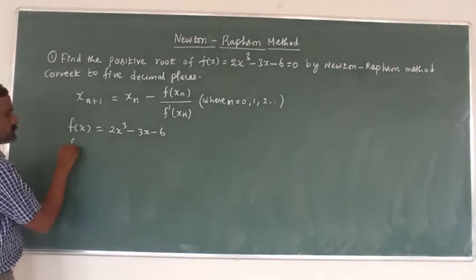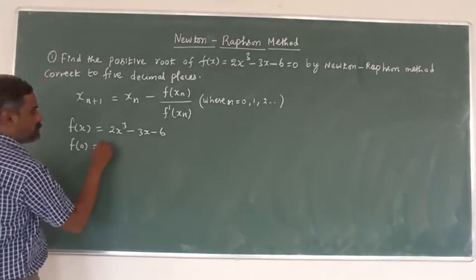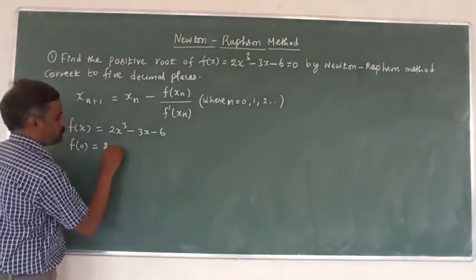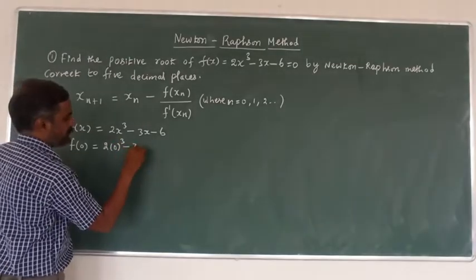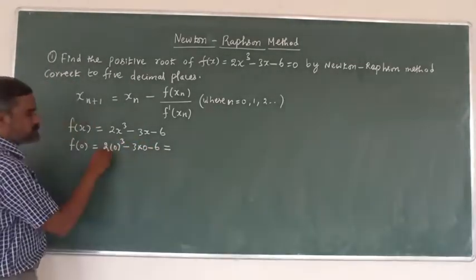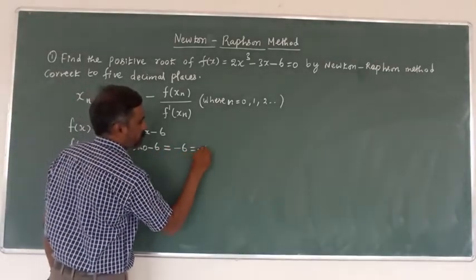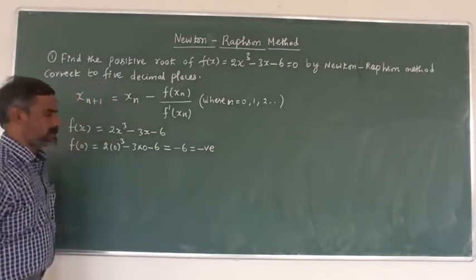Here, first substitute the x value 0. This is 2 into 0 cube minus 3 into 0 minus 6, which is minus 6. This is a negative result.